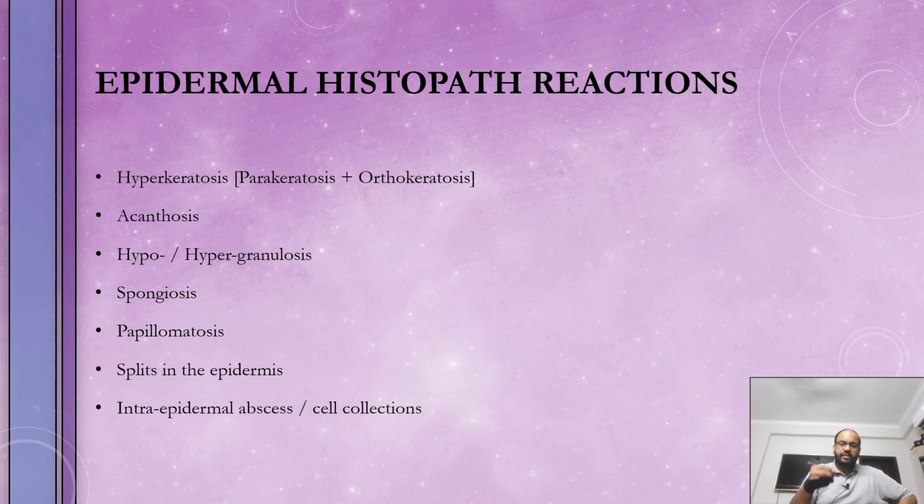So with that, we'll discuss how a different epidermis looks under a microscope, starting with disorders like hyperkeratosis, acanthosis, hypo or hypergranulosis, spongiosis, papillomatosis, splits in the epidermis or an epidermolytic pattern, and intraepidermal abscesses or cellular collections. So gradually, we'll show photographs and discuss how an epidermis looks under a microscope if there are these findings.